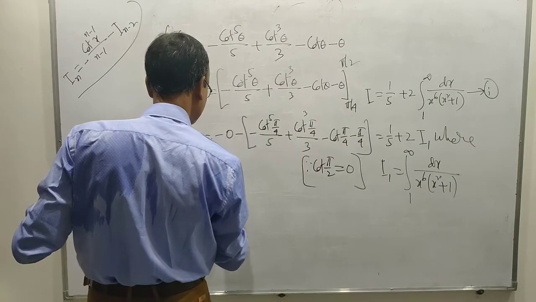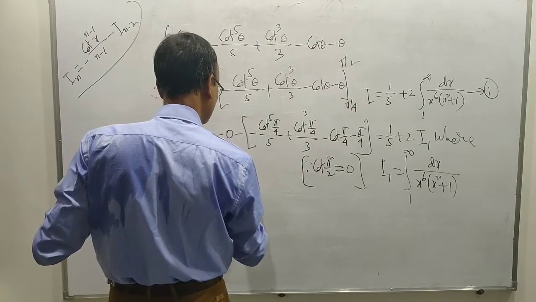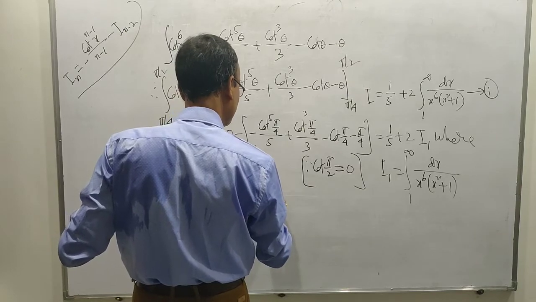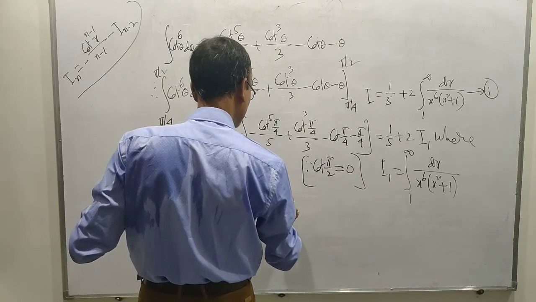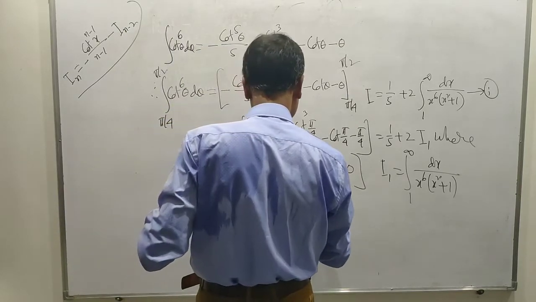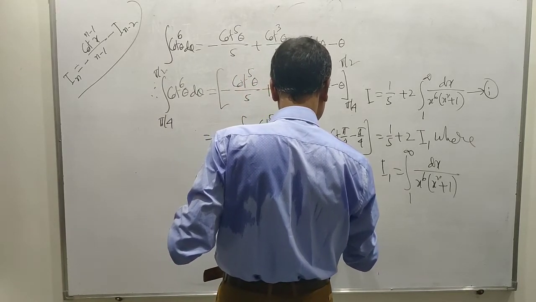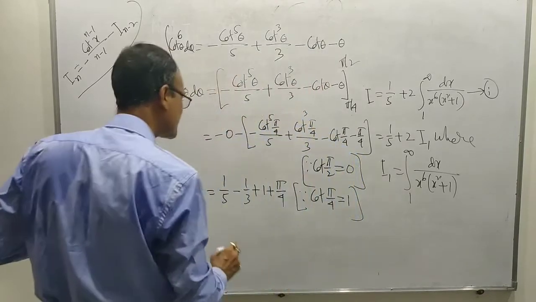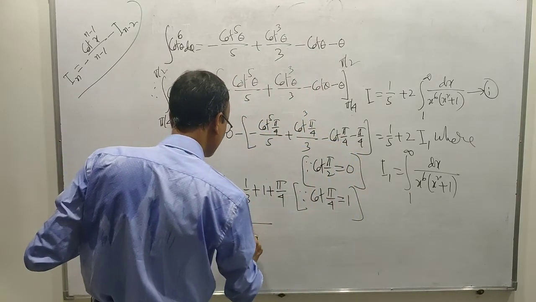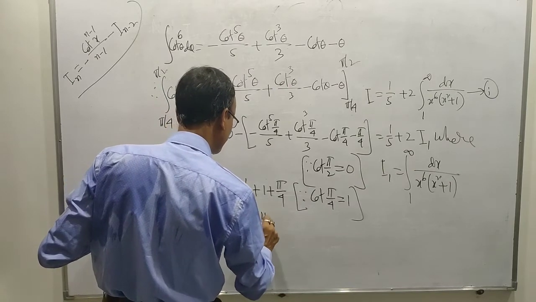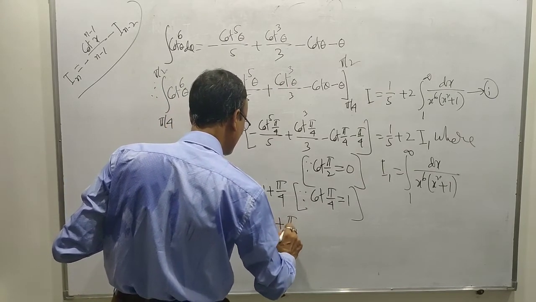Plus 1 by 5 minus 1 by 3 plus 1 plus pi by 4, since cot pi by 4 equal to 1. This is equal to 15, 3 minus 5 plus 15 plus pi by 4.